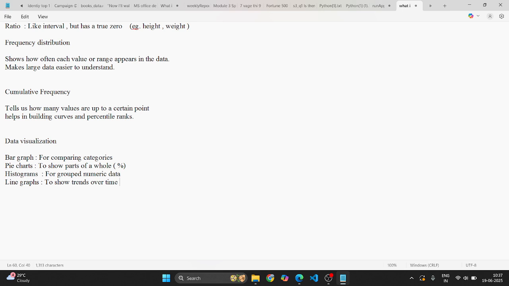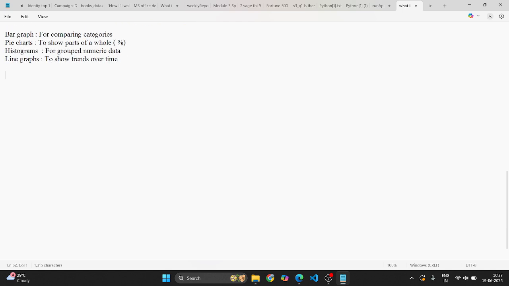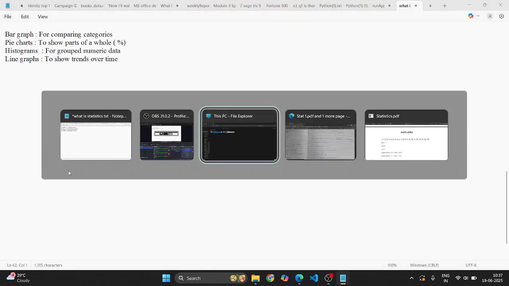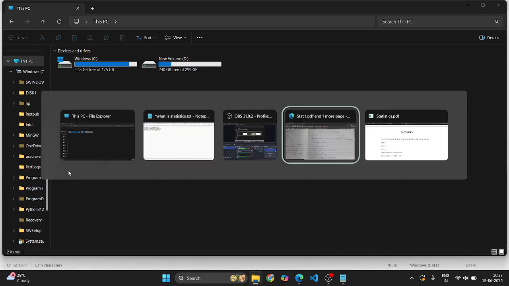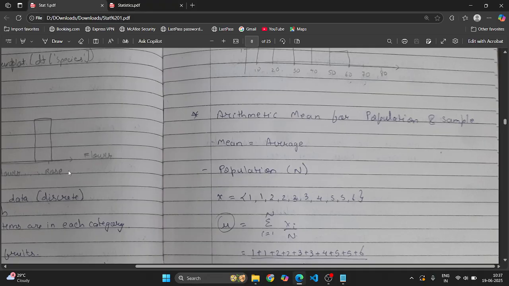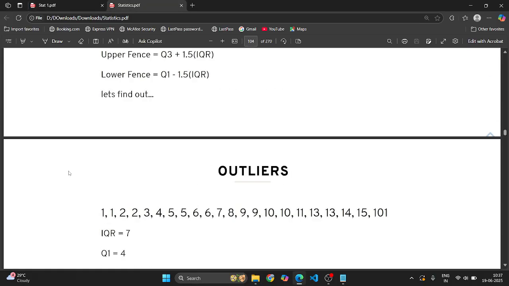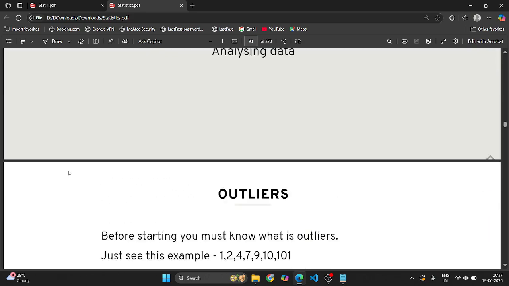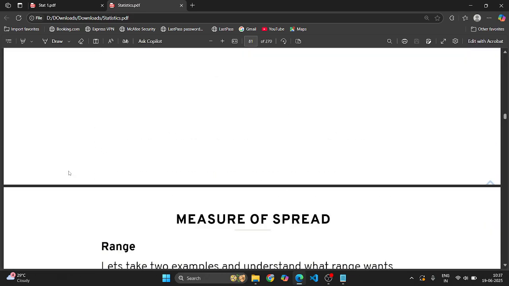Now we will cover today's part, the new part. First of all, today we are going to understand the measures of central tendency.